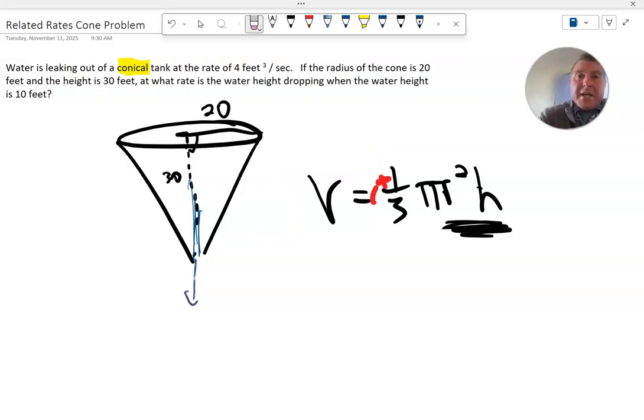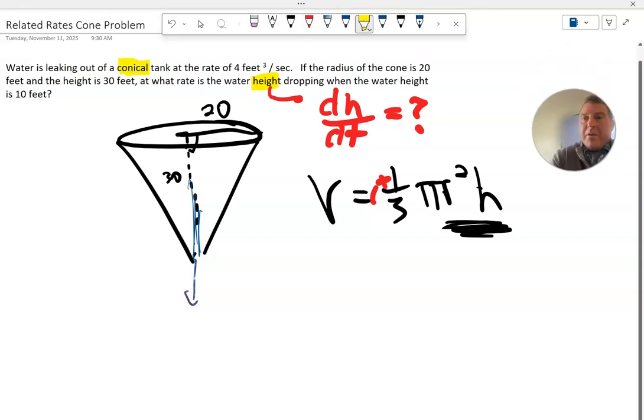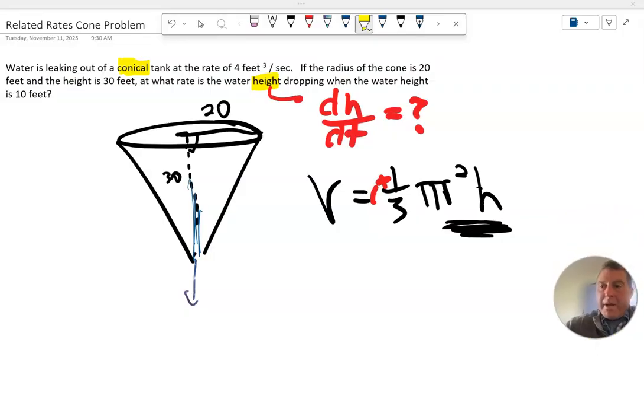Note that this problem is just asking me what is the rate of change of the height, right? So my ultimate goal is to find dh/dt when the water height is 10. So, more information: when h is 10.